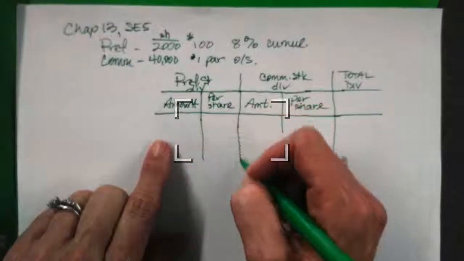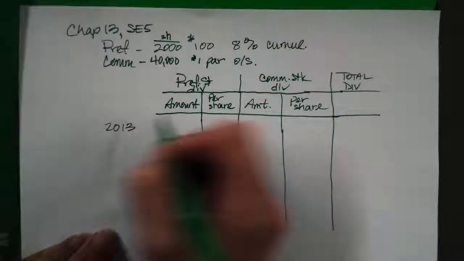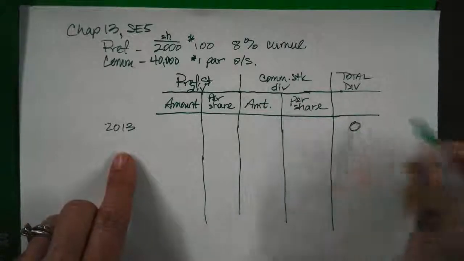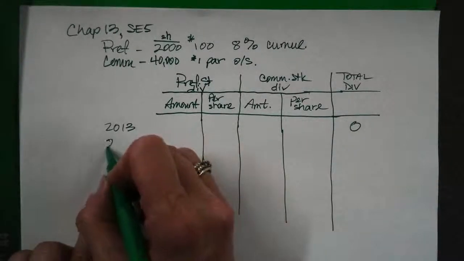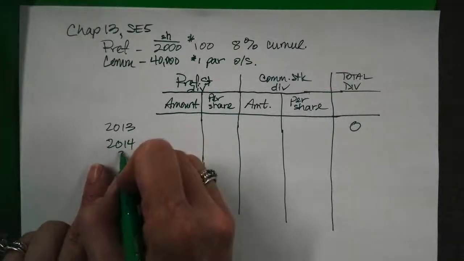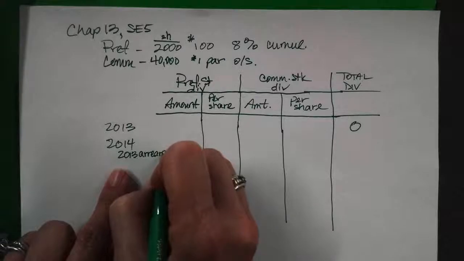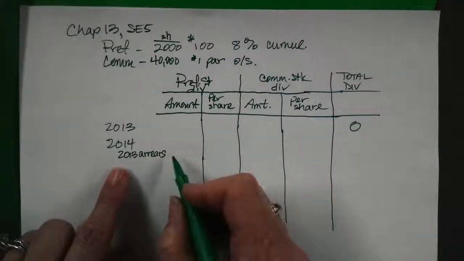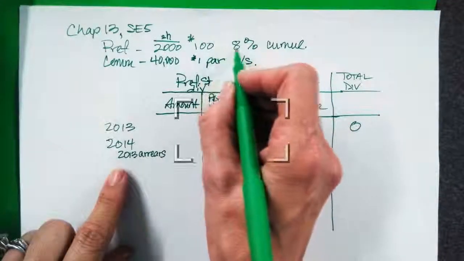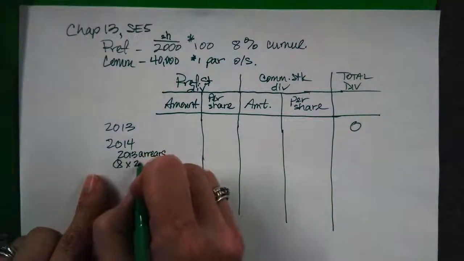So, in 2013, none. The board of directors declared no dividends. In 2014, we are going to pay 2013 in arrears, and let's see what that'll work out to be. $8 a share times 2,000 shares.